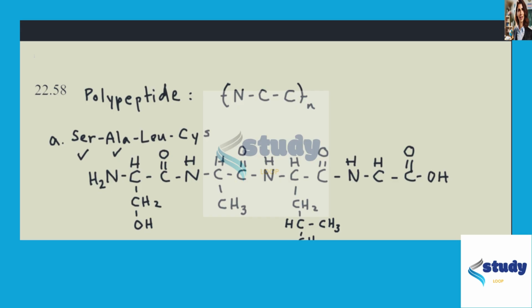And our final amino acid, cysteine, is going to have CH2, SH. So that's the structure for our first polypeptide.